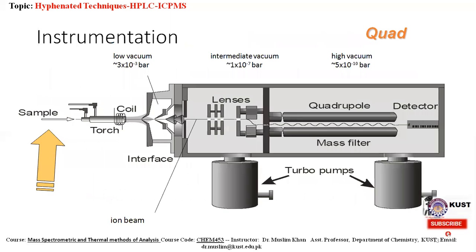Coming to the principle of operation and the instrumentation of the HPLC-ICP-MS system: the sample comes out of the HPLC column and is introduced into the plasma, where ions are created, and lenses attract these ions to the mass analyzer and mass filter.